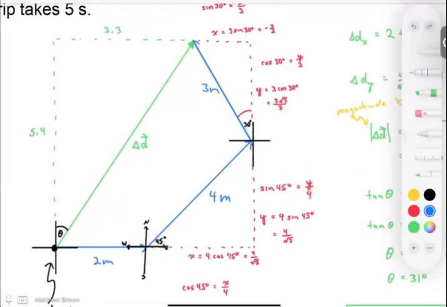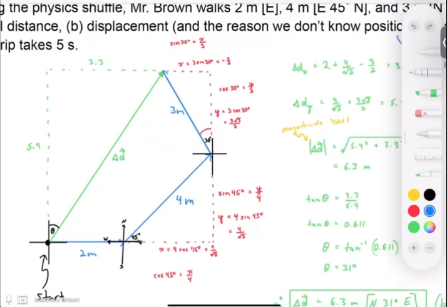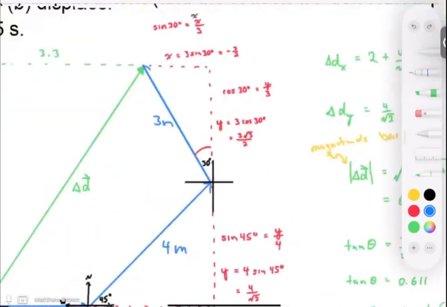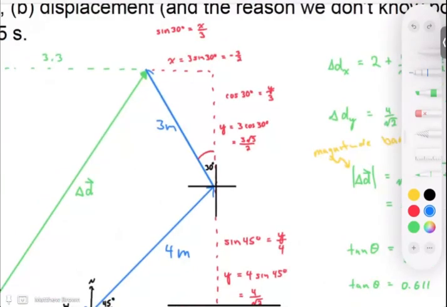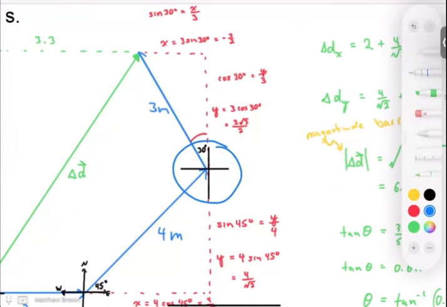Then I go 3 meters north, 30 degrees toward west. Let me just double down. So again, I start pointing north and then I go 30 degrees toward west. And again, I do a nice little coordinate system right on top of that just so I can be sure of how I'm moving from that position.